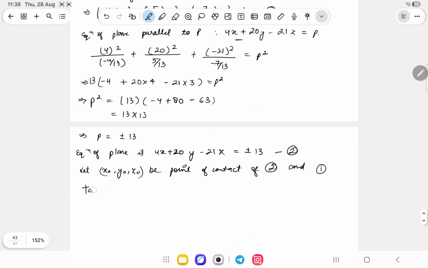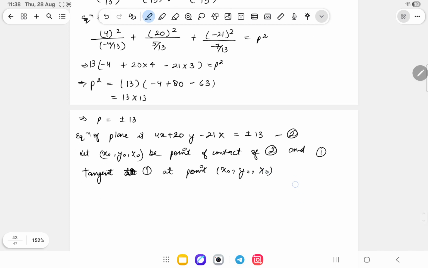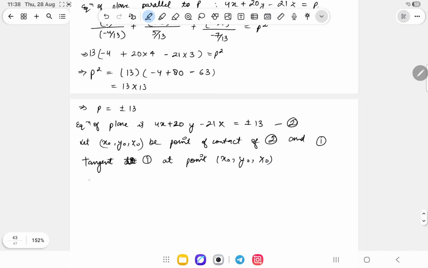So the tangent to 1 at an arbitrary point x naught, y naught, z naught will be 4x naught x minus 5y naught y plus 7z naught z is equals to minus 13.